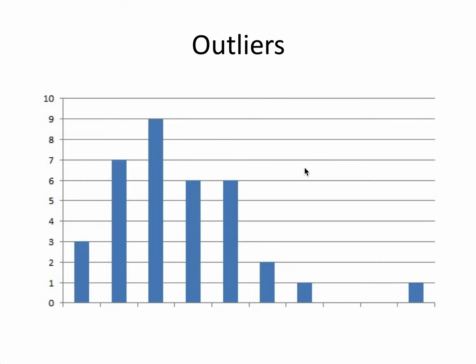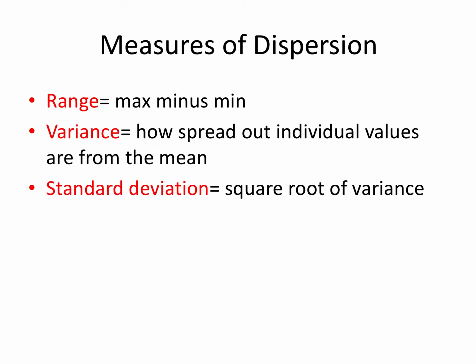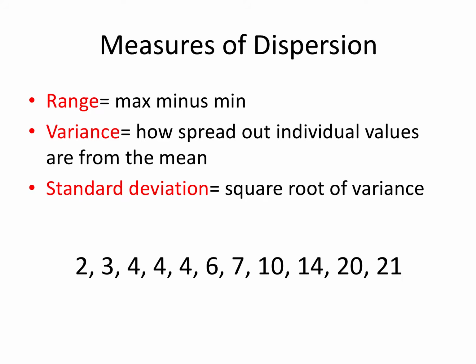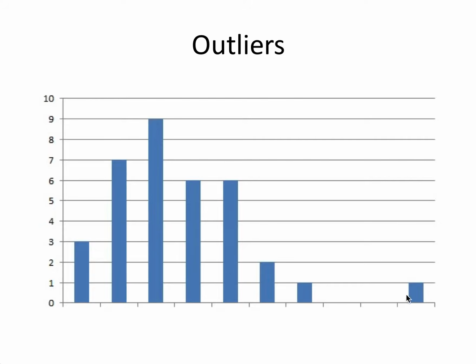You'll notice that these values follow a somewhat normal distribution, but we have one outlier way over here. So think for a second, will this outlier have a greater impact on central tendency or dispersion?